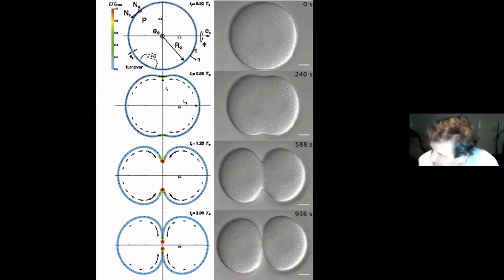So we studied that by looking at the properties of this cell actin, cortical actin. So the cortical actin layer is in blue here, and at the beginning it's homogeneous. Now it's known in biology that what happens is that at the equator of the cell, at the early stage of cytokinesis, the actin density is increased. So there is more actin here, there are more molecular motors at this point as well, so the tension is larger. So you increase the tension in a small region at the equator of the cell.